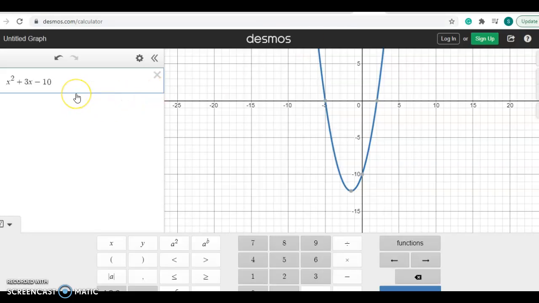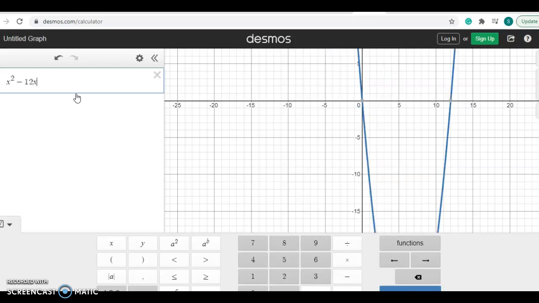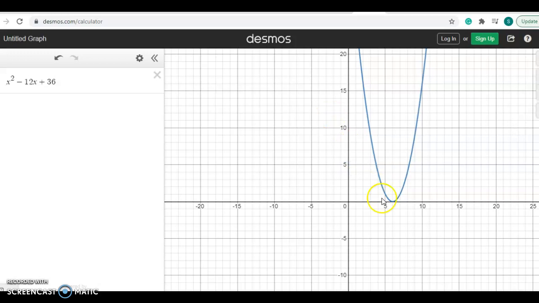So we come to our Desmos here, and then we type in x squared minus 12x plus 36, and then we hit graph. So remember, in our intro we said that we're expecting 2 answers, but that's not always the case.